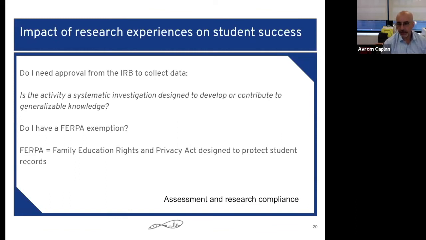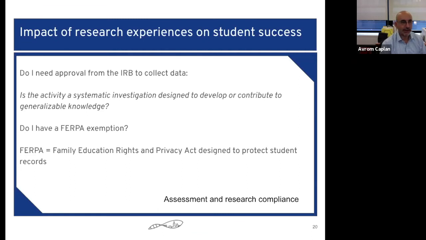FERPA is the Family Educational Rights and Privacy Act, and it's designed to protect student records. But you almost certainly have an exemption as a legitimate education researcher because you are a professor in an institution of higher education, but you may need a letter from your legal department stating that you have a FERPA exemption, to be added into your IRB application.